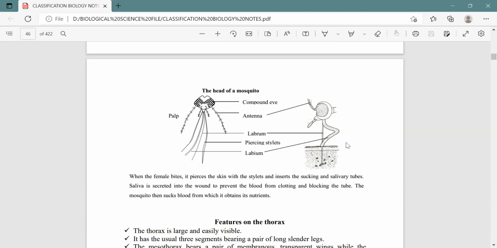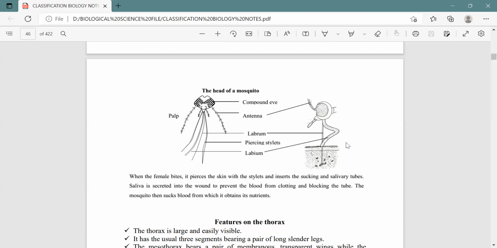But the mouth parts which are being shown here for the mosquito indicate to us that it feeds by sucking fluids or liquids from our bodies.